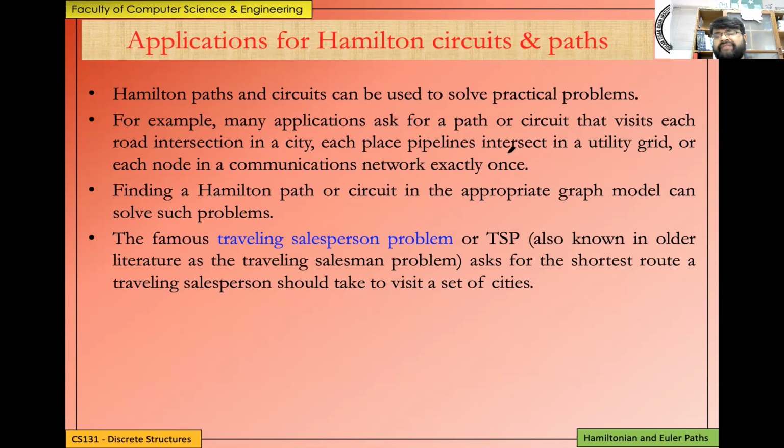And of course, one of the commonly known problems is the traveling salesperson problem, or TSP, which is also called the traveling salesman problem in the older literature. It asks for the shortest route a traveling salesperson should take to visit a set of cities exactly once. And of course, you don't want to come back to a city, because that is just going to enlarge your route.